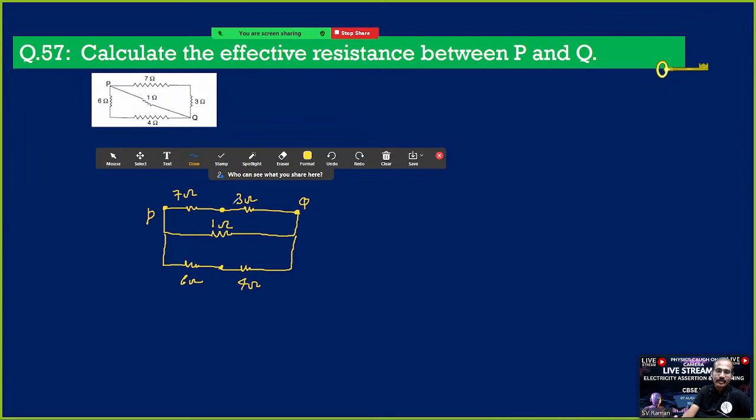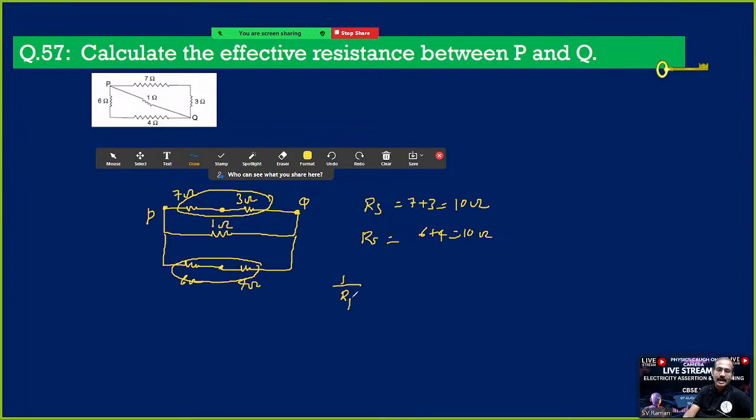So here 7 ohms and 3 ohms in series, 7 plus 3, is 10 ohms. And the center one is 1 ohm. And the down line, 6 ohms and 4 ohms, again 10 ohms. So now the top one we got 10 ohms, the down resultant resistance is 10 ohms. All the three are in parallel.